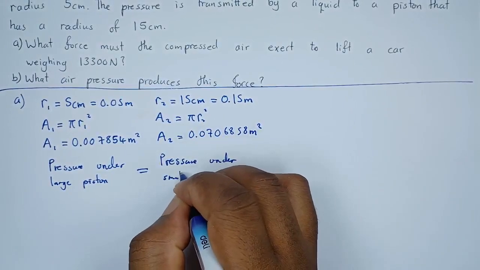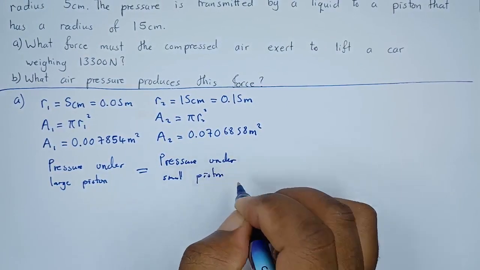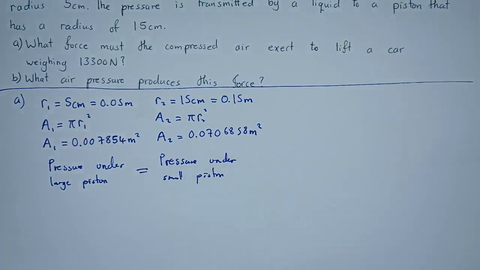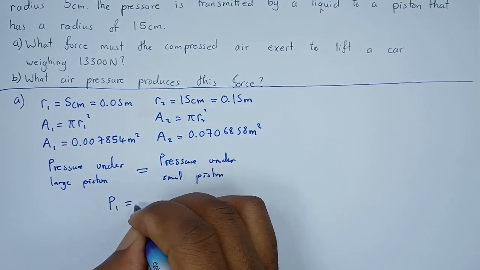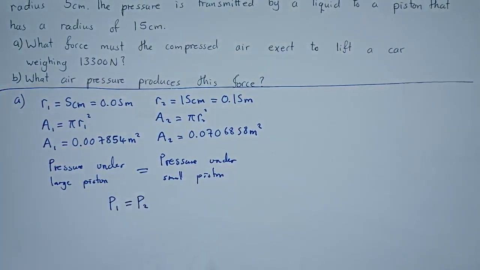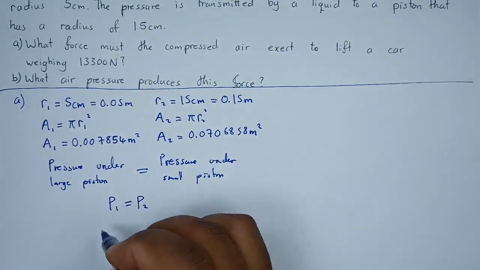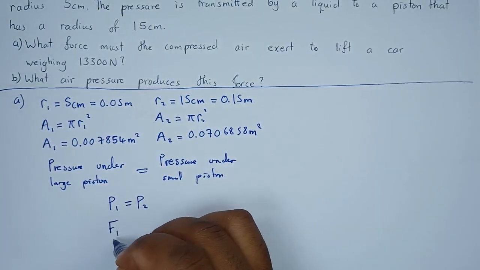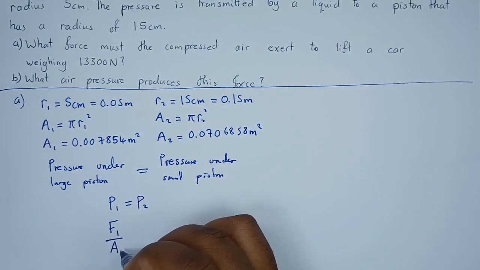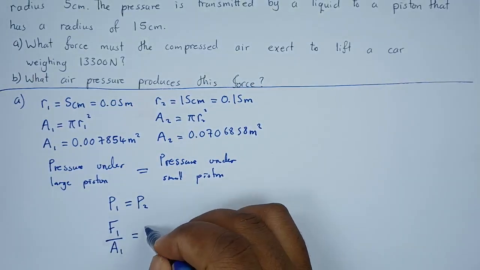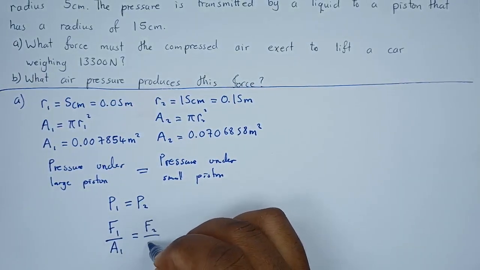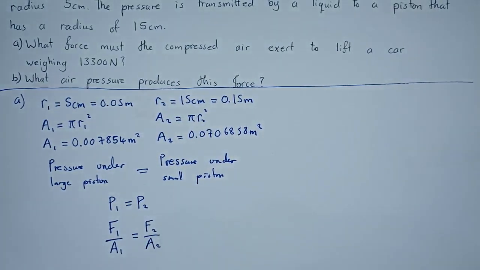We're simply saying P1 is equal to P2. Now we know that pressure is force over area, so this gives us F1 over A1 equals F2 over A2.